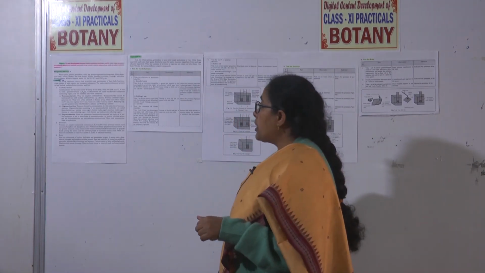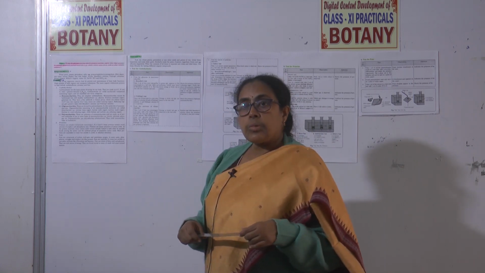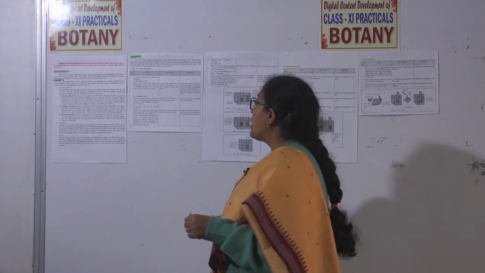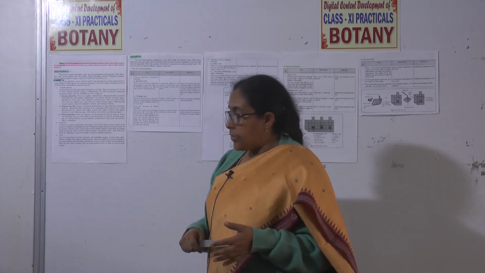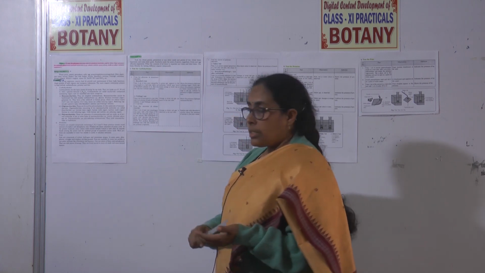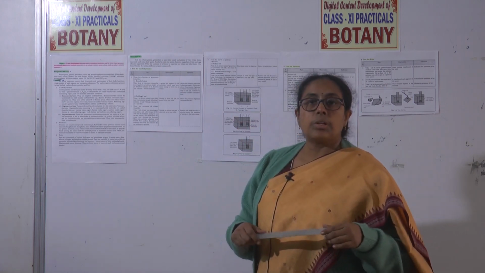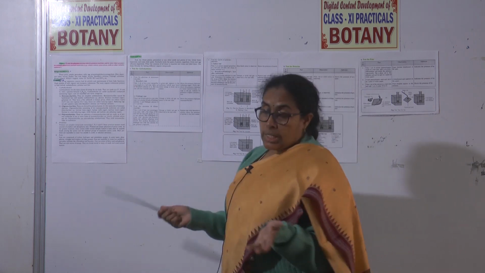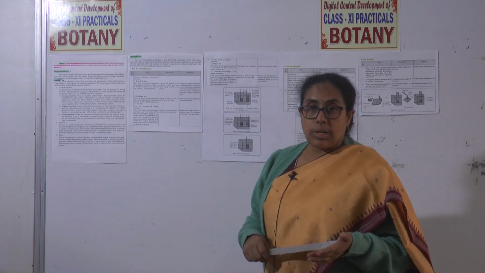Proteins are complex organic compounds made up of carbon, hydrogen, oxygen, nitrogen, phosphorus or sulfur. Here we are going to study the constituents of protein in food material, especially in the plant body.